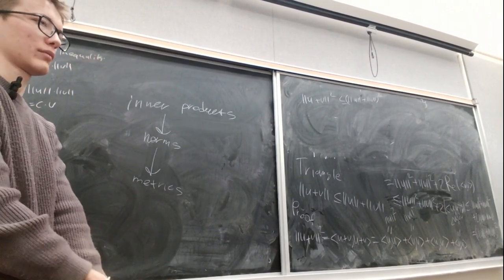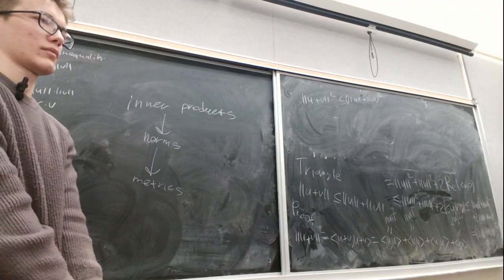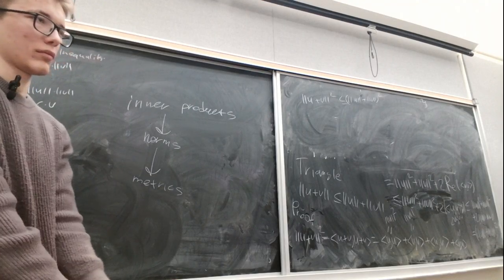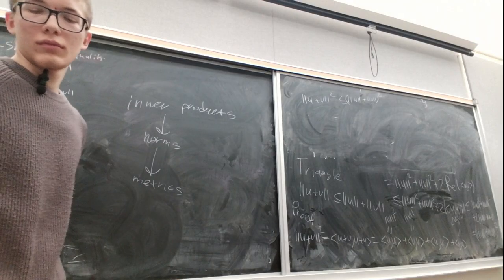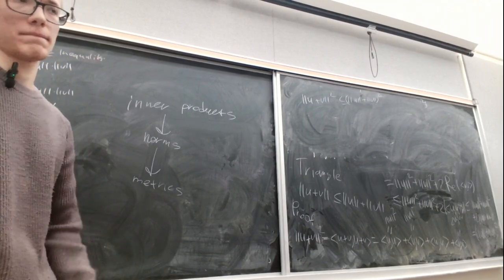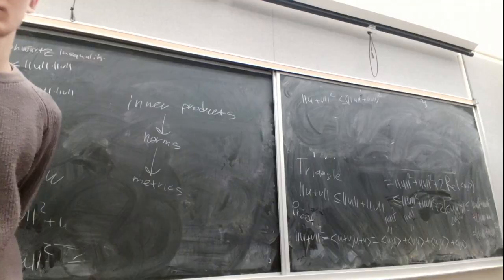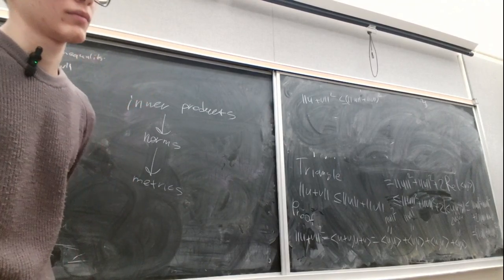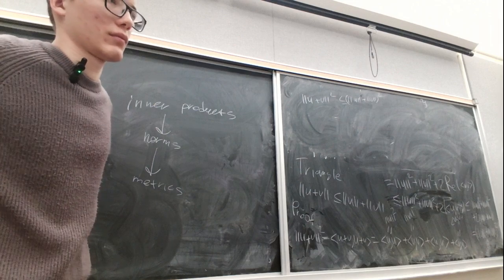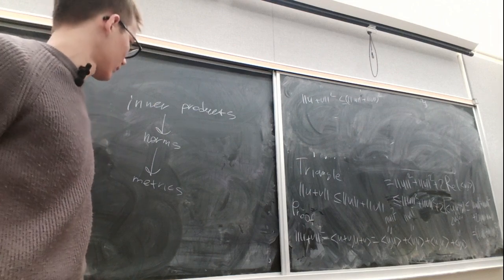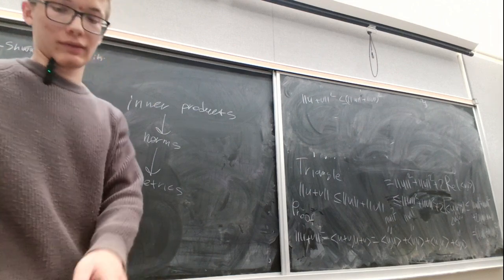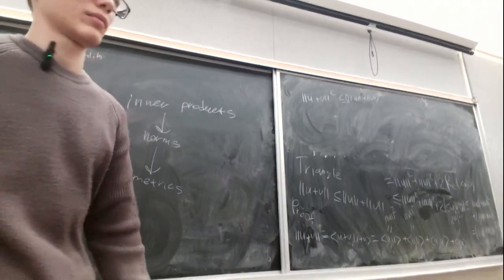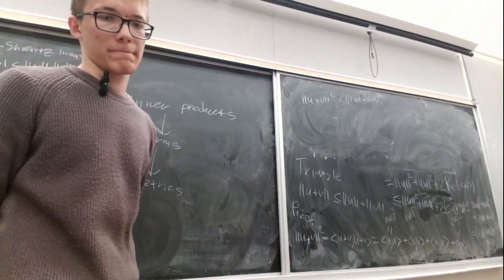On R2, you could imagine a metric where points aren't uniformly close or far away.